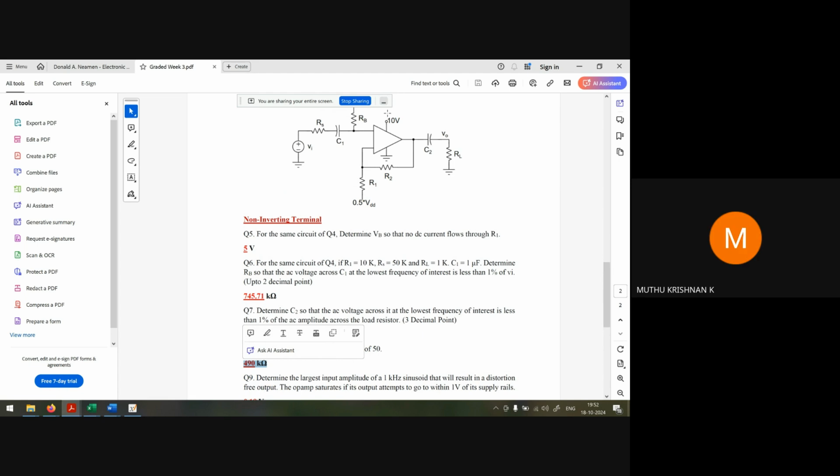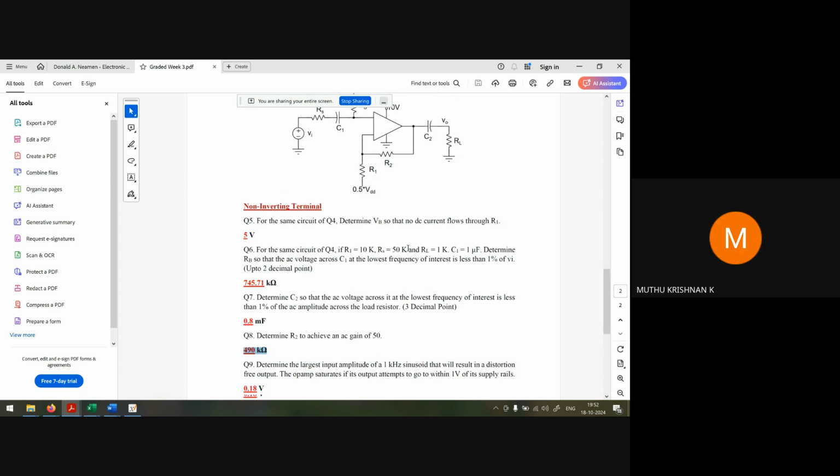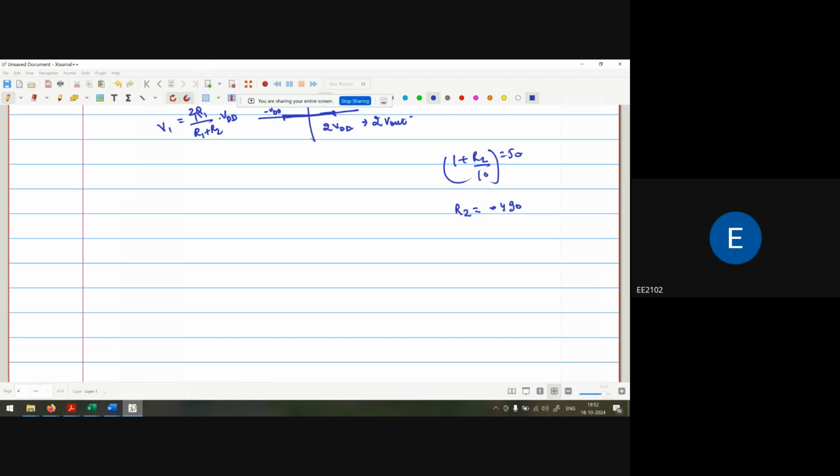Yes, this is a continuation of all the previous questions. So basically, your output goes up to 9 V. V out is equal to 9 volts. As we know, A times V in is equal to V out.